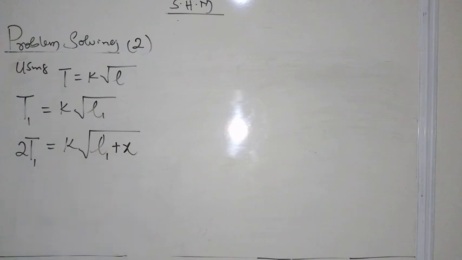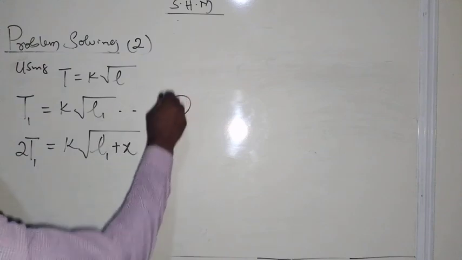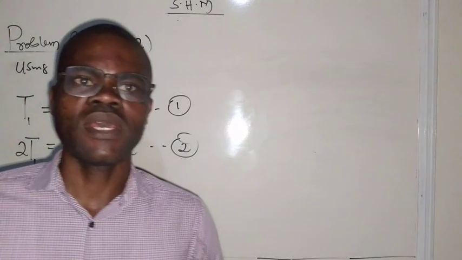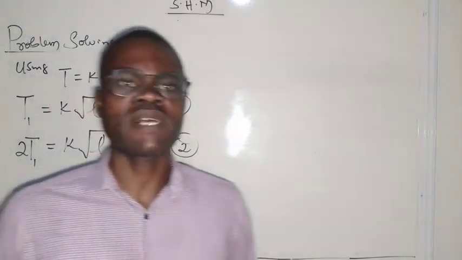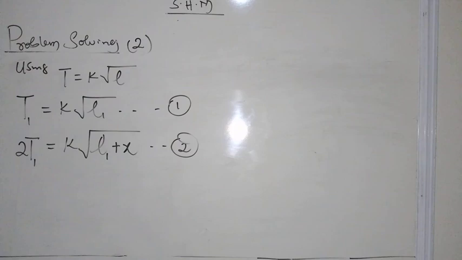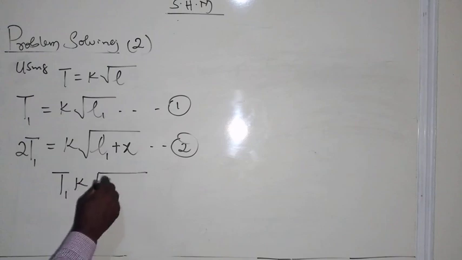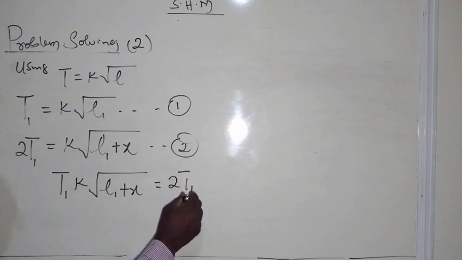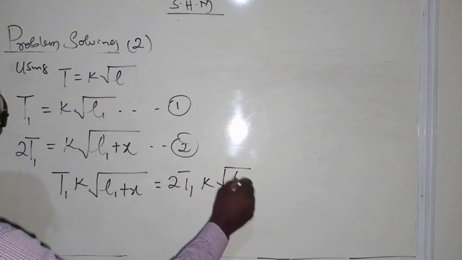So we can have this one as equation 1 and this one as equation 2. I told you that the cross multiplication method always makes our work faster in this regard. So let us cross multiply again. So we are going to have T1 k root (L1 plus x) is 2T1 k root L1.